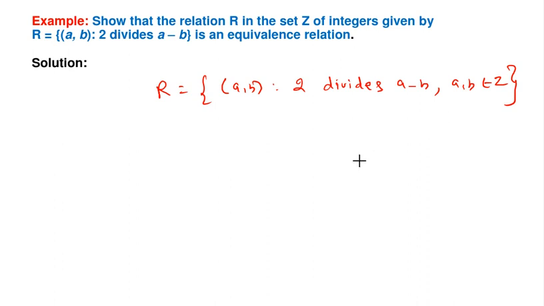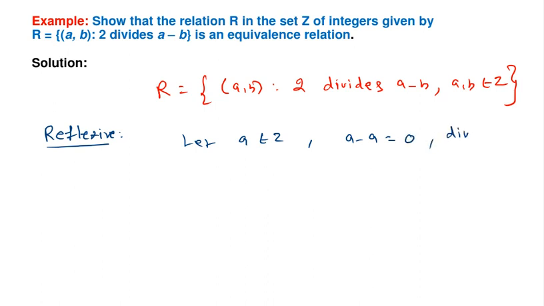Now we have to show that the relation is an equivalence. What do we have to test? Reflexive, symmetric and transitive. First we will discuss reflexive. To discuss reflexive, take any integer A. A minus A is 0, and 0 is divisible by 2.